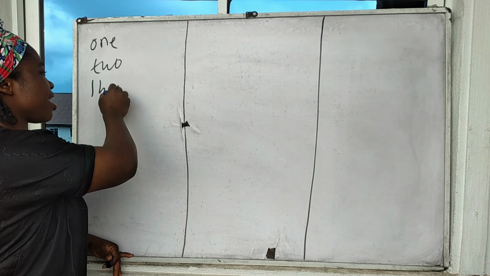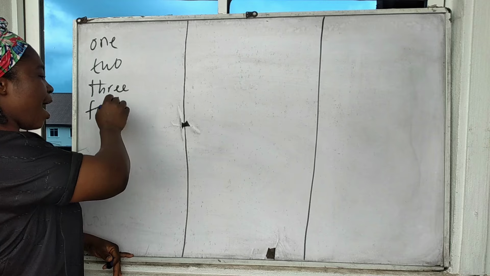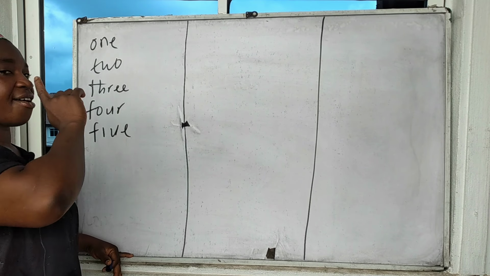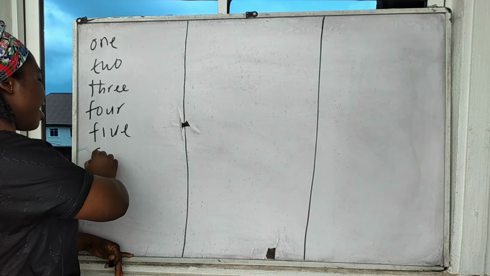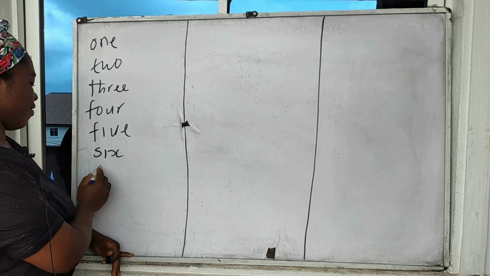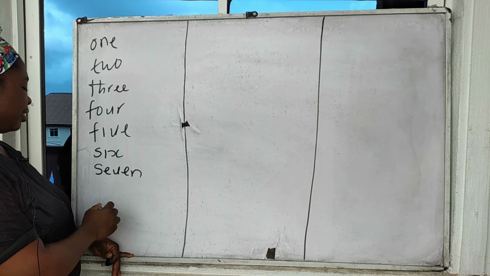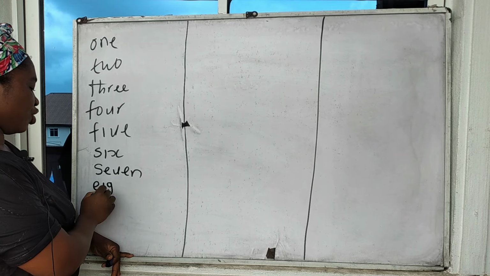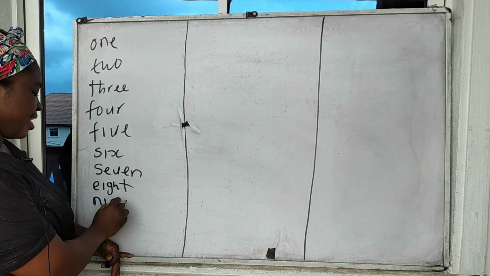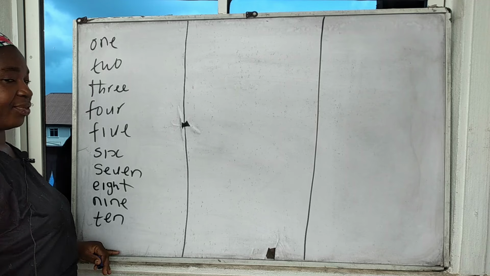THREE 3, FOUR 4, FIVE 5, SIX 6, SEVEN 7, EIGHT 8, NINE 9, and we have TEN 10.